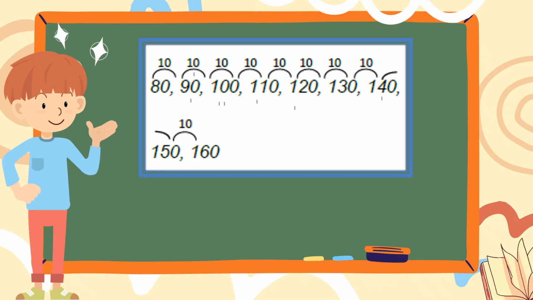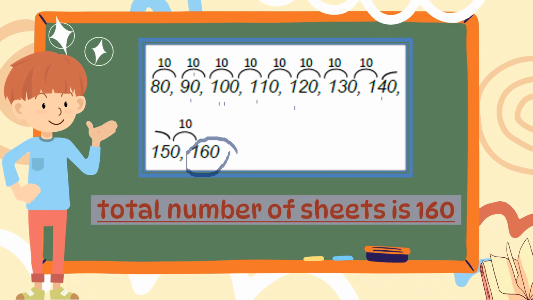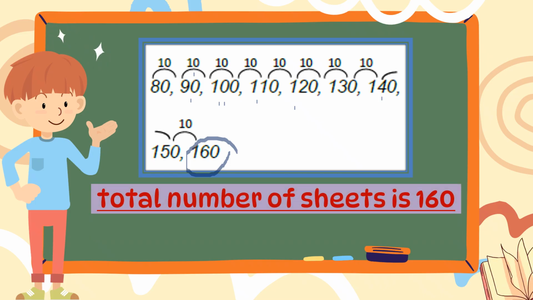And 150 plus 10, what's the answer? Right, 160. So we now have the total number of the two pads. The total number of sheets is 160.